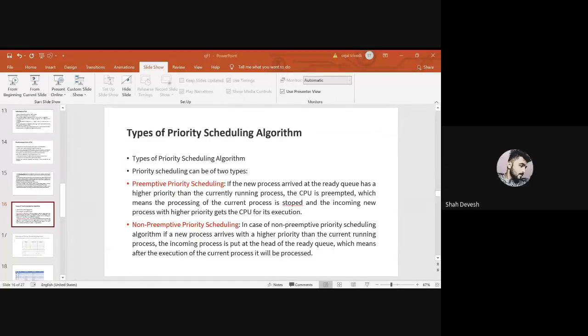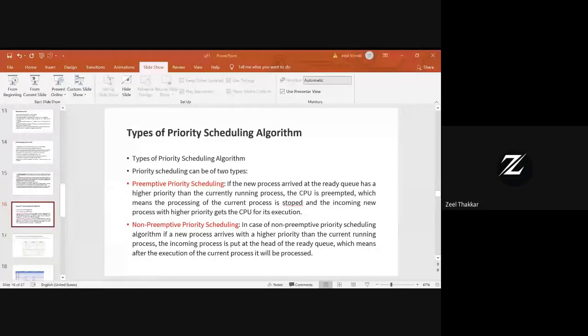Can you change the slide? I'll draw it. You want me to draw the Gantt chart? No, the slide. I have already changed it. You can pin my presentation. I am on the example of priority scheduling algorithm. You can see the pin symbol is given.